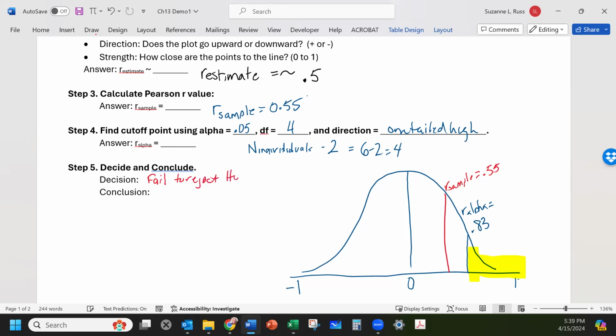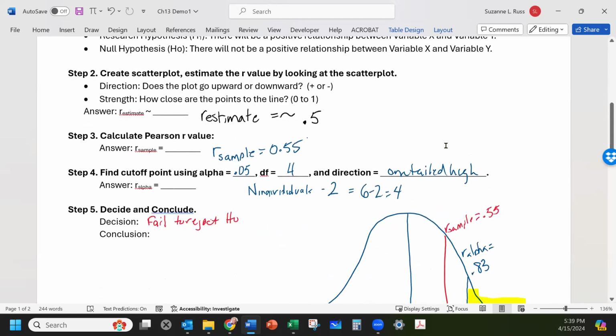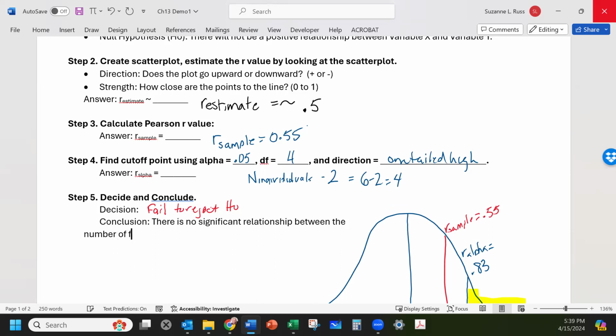And if we fail to reject H0, then H0 stands. So we say there is not a significant relationship between these variables, but we have to write that in actual words. So let's write, there is no significant relationship between the number of friends an older person has and their physical health.